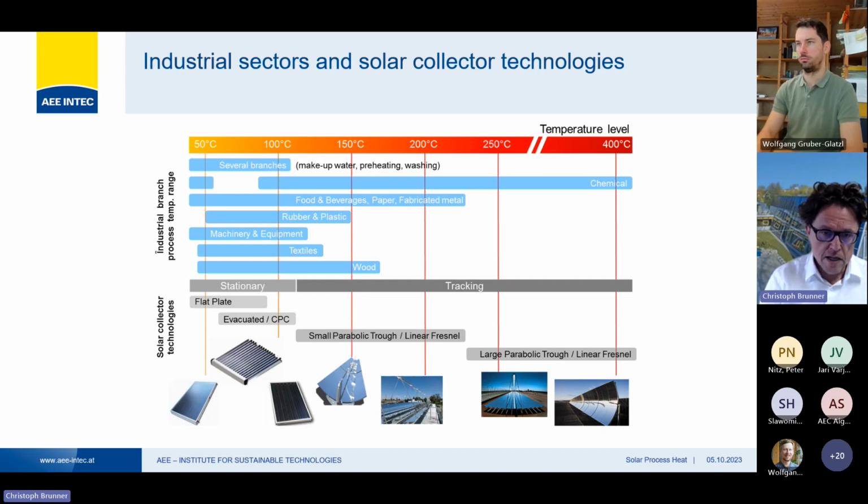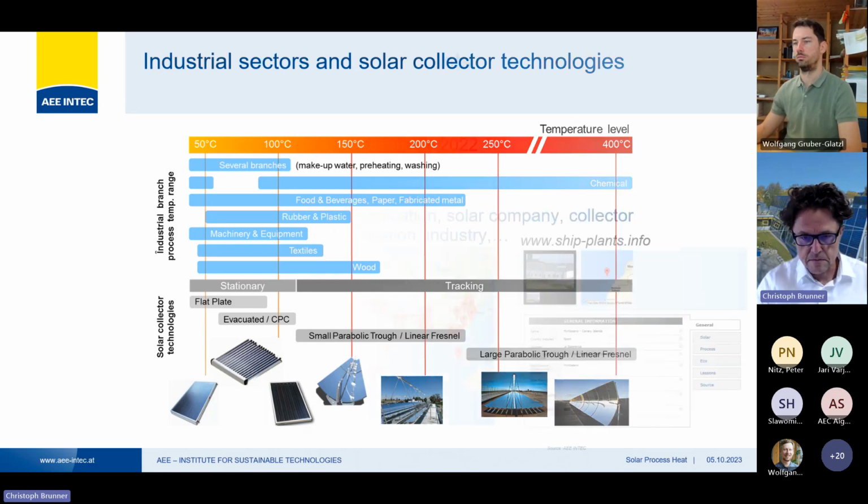A branch in which the energy demand is at the lower level is the food and beverage industry and paper industry. And then we have also in the field of machinery, equipment, textile, a lot of processes at a rather lower temperature level, which fits, of course, based on the efficiency for solar process heat very well.